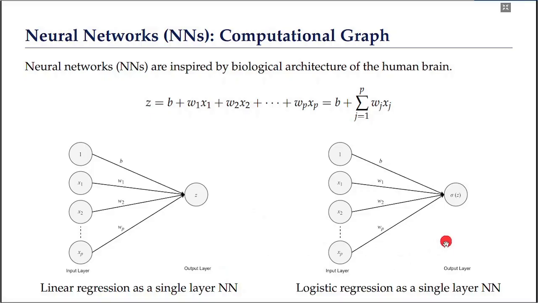The only difference is on the output node. Here the output node has a sigmoid function, or a logistic function, that transforms z into a value between 0 and 1. Again we have an input layer and an output layer. Therefore this is a representation of a multiple logistic regression model as a single layer neural network model.